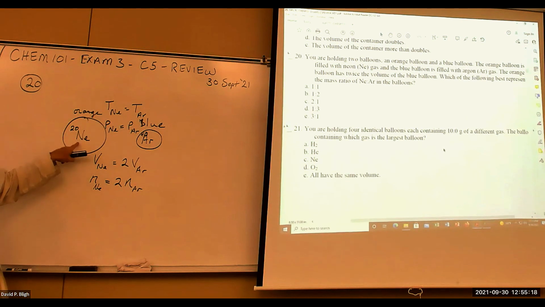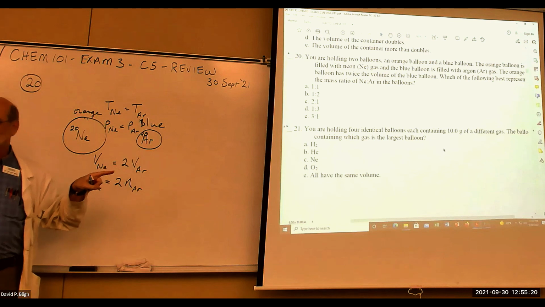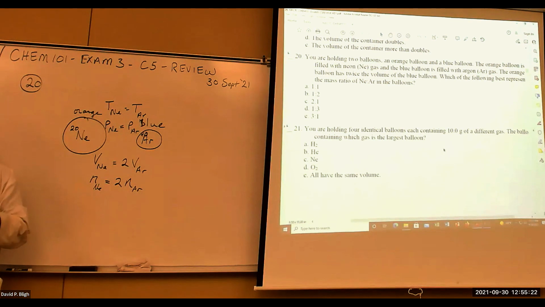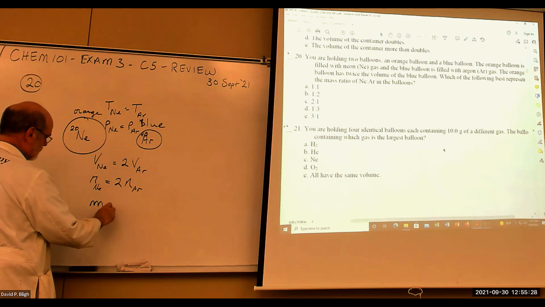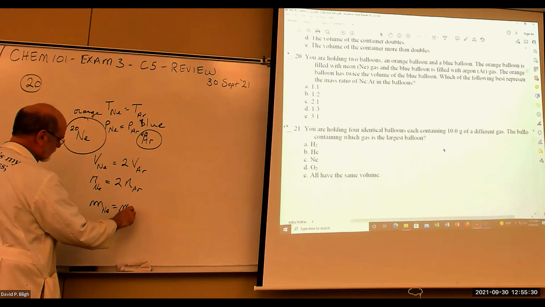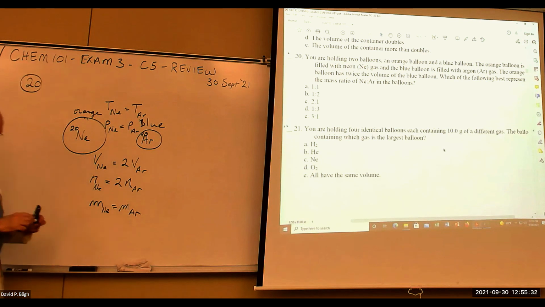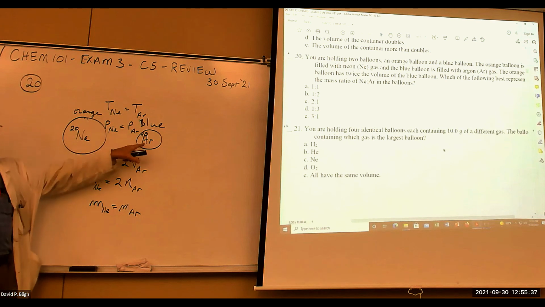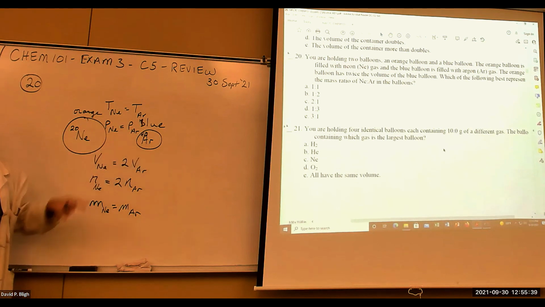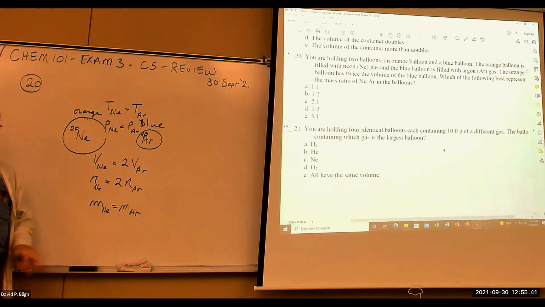But we've got twice as many of these as that one. So what does that say about the mass? The mass of neon is equal to the mass of argon. We may have twice as many particles, but these guys weigh half as much as those. So the mass has to be equal. It's a 1-to-1 ratio of mass.